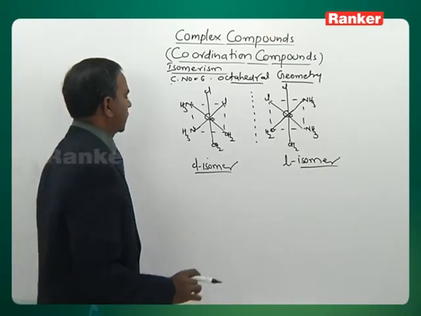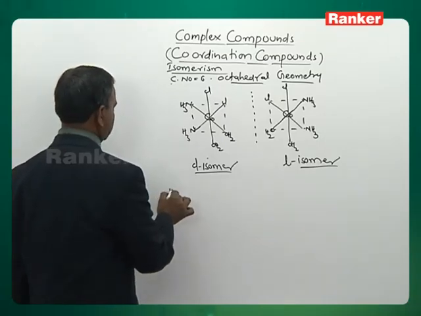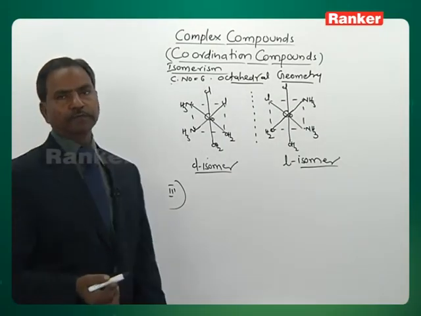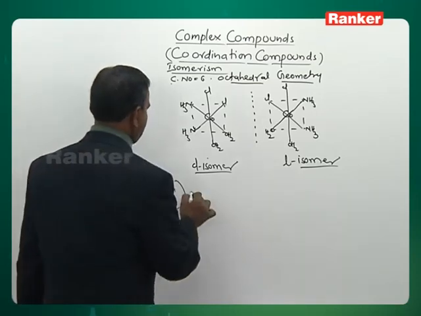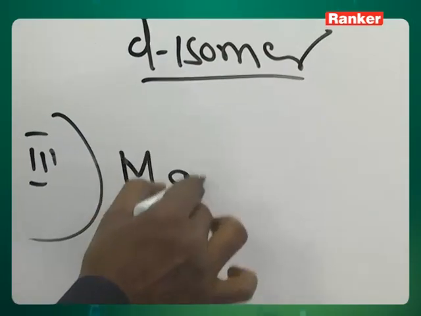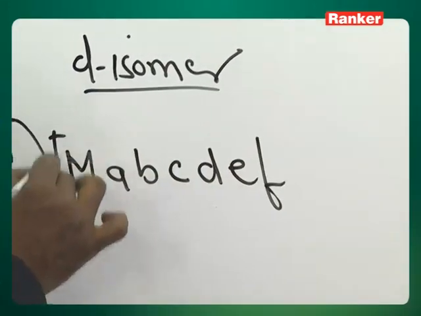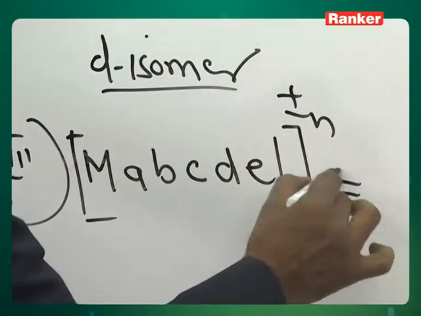Next model, the third one, you see: M, a, b, c, d, e, f. All the 6 ligands are different, plus or minus n.